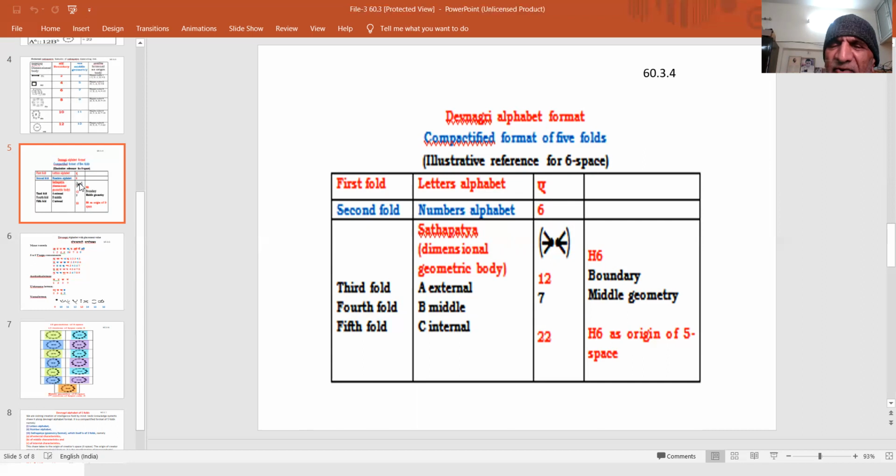As such, the middle characteristic, the 4th fold of Devnagri alphabet, takes us to value 7. Ahead, the external characteristics would mean 6 space in the role of an organ, and 6 space as hypercube 6 is a 4 folds 4, 5, 6, 7 of summation value 22.